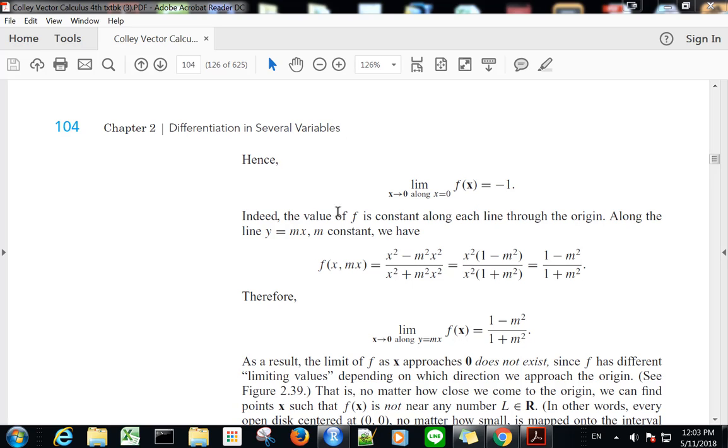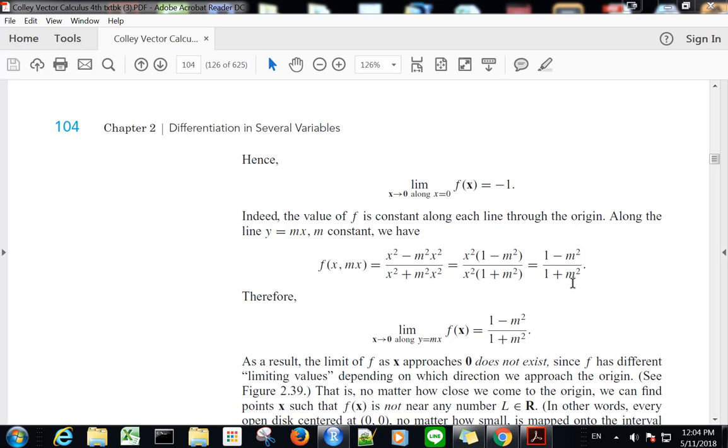In fact, the value of f is constant along each line through the origin. Along the line y equals mx, with m constant, this is what you get. So when x is 0, you get one thing, and when y is 0, you get something else.